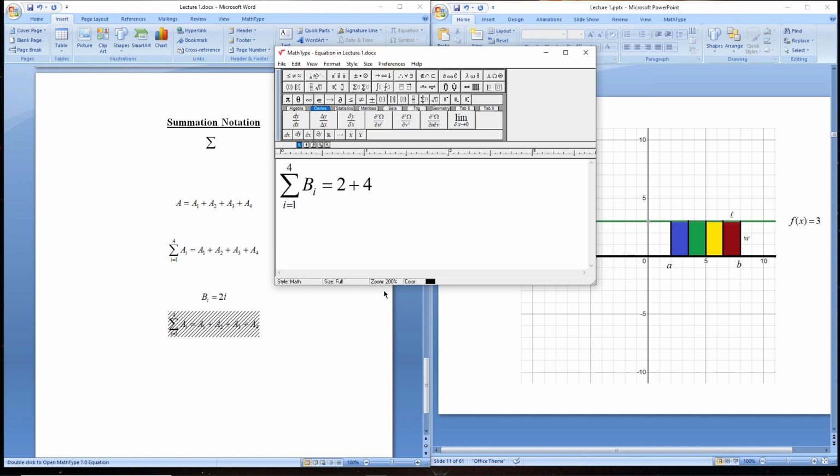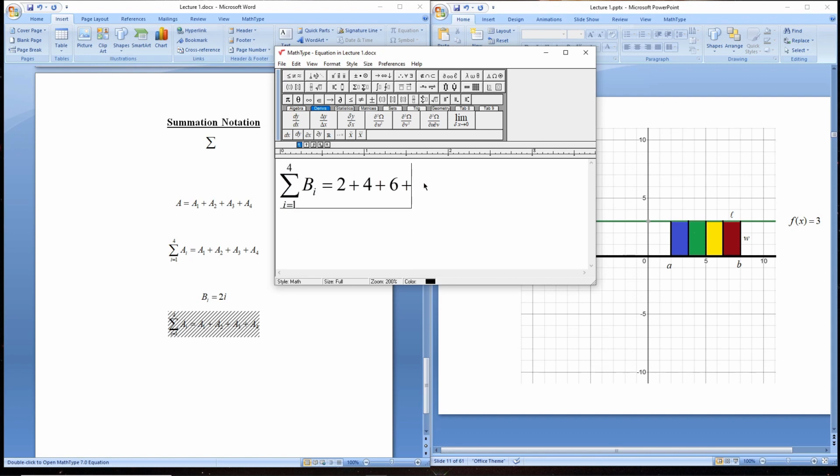Then the summation symbol says, okay, great, now add the next term. Now i is 3. If we look at B sub i, now that i is 3, 2 times 3 means we have 6. The summation symbol says keep doing that, add another term, and you keep doing it until you get to the top integer, which is 4.